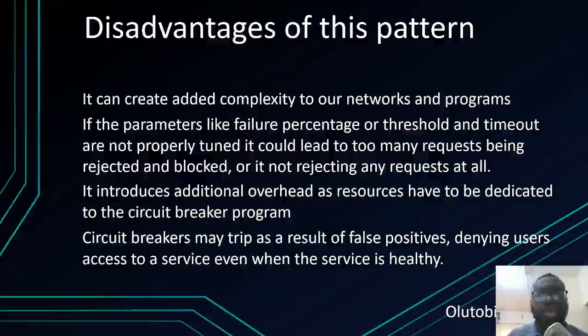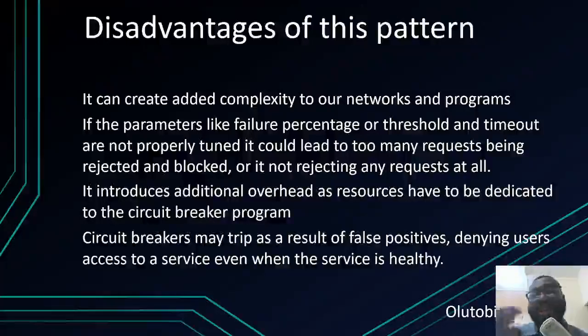And also, circuit breakers, when they are not properly tuned, may trip as a result of false positives, right? Now, there are sometimes that a service might reject a request, or a row of requests all get rejected in succession because they are badly formed, or malformatted, or the requests are actually meant to be rejected by the service.